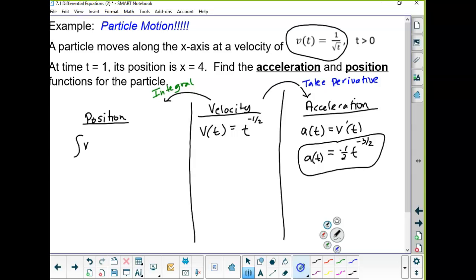So remember, position is x of t. Sometimes they write it that way. So that just means I have to take the antiderivative of the given velocity function.